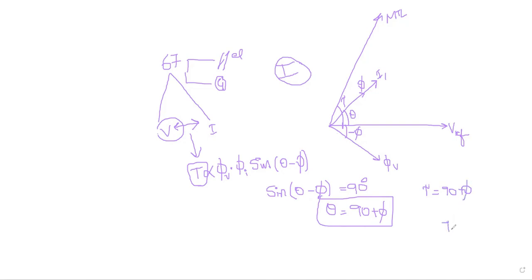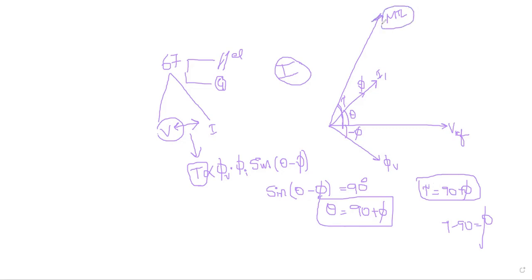In the sense, theta minus 90 equals phi. This is the case: tau equals 90 plus phi. This is the maximum torque angle I get. When theta equals 90 plus phi, then I will get the maximum torque.